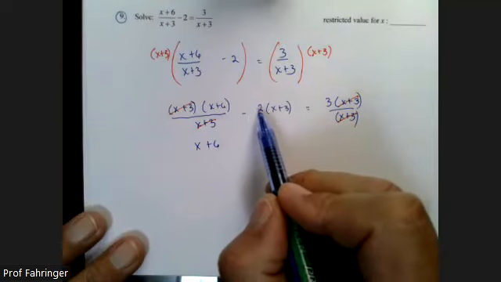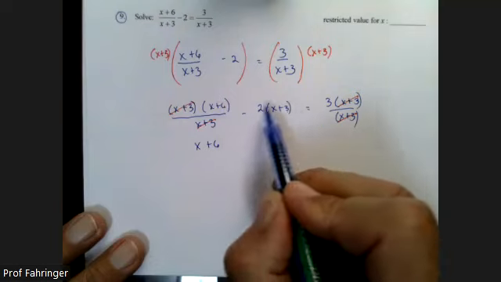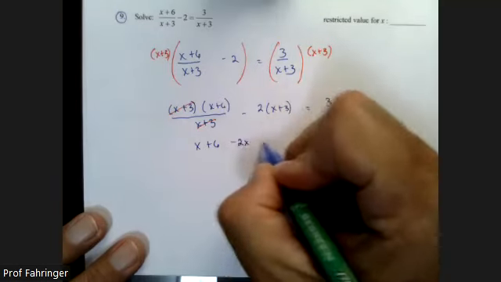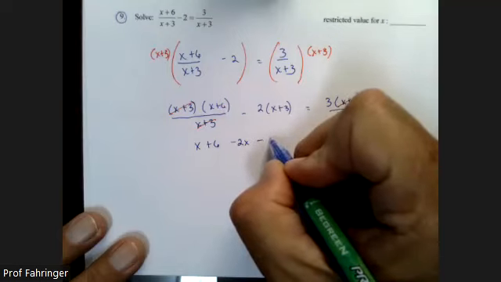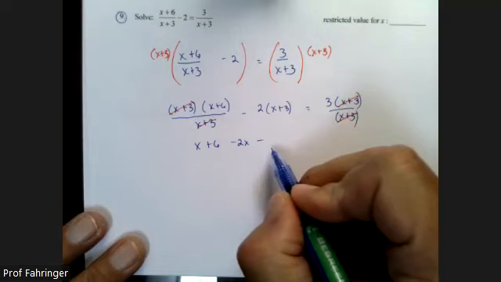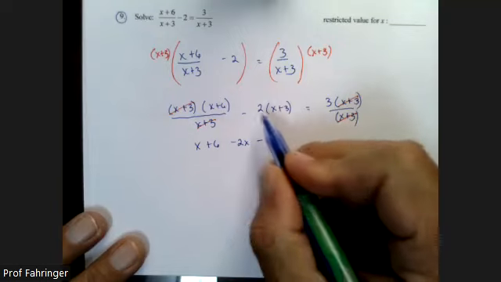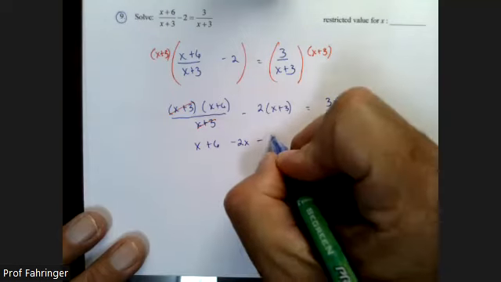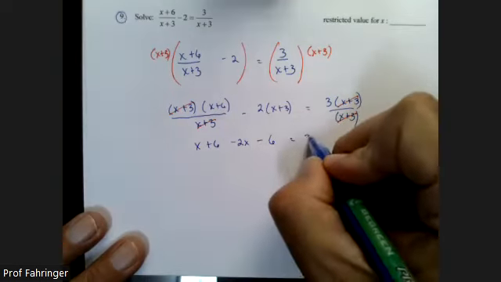What's the D word I'm going to use here? Distribute. Yep. 2x, yep, negative 2x plus, negative 2x, minus. Yeah. I got excited.